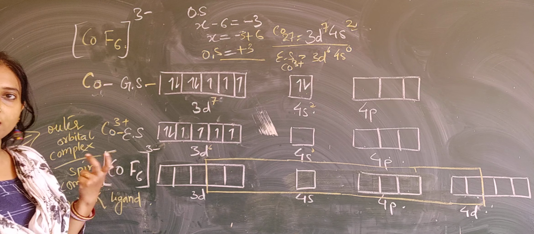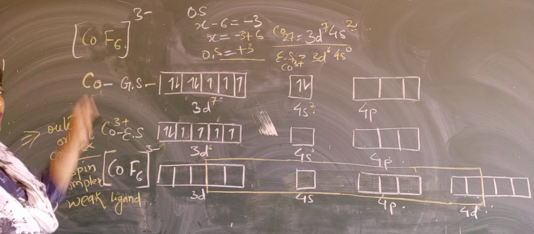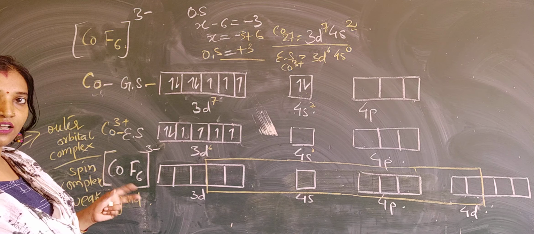Now the third structure is the complex structure. What is the complex? [CoF6]3-. Now we will do the overlapping of orbitals with the ligand electrons. So now draw the overlapping structure. Ligand is F. Which type of ligand is fluorine?